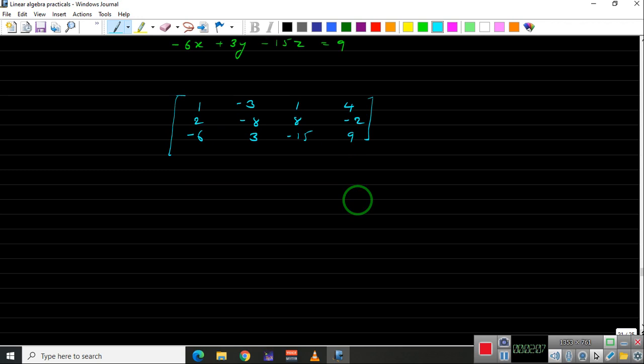Now on this augmented matrix let me apply all the operations together, as we have solved many examples. We need to convert this into row echelon form. Let me write two operations together; you can write one by one if you need. First let me make this 0 and this 0.